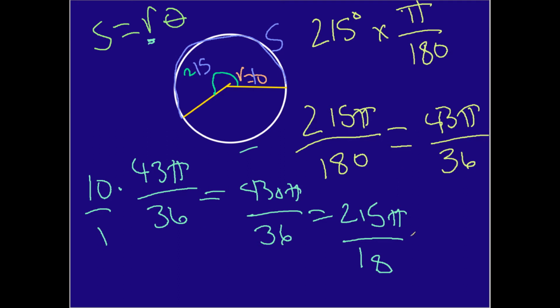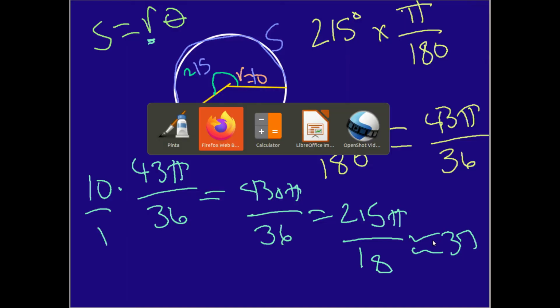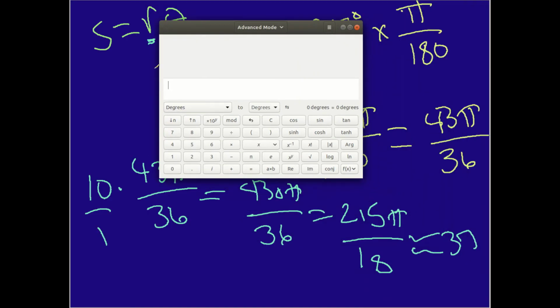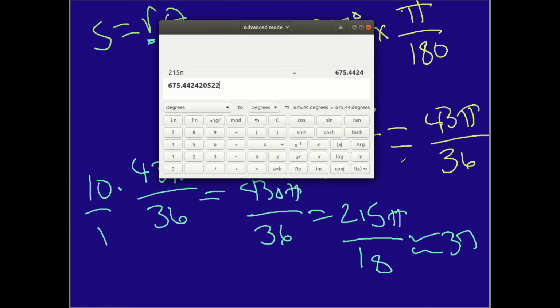Now, if you really have to have an absolute number, it's going to be about 37. We can confirm this by bringing in the calculator. 215 times pi, equal, that's 675 divided by 18.